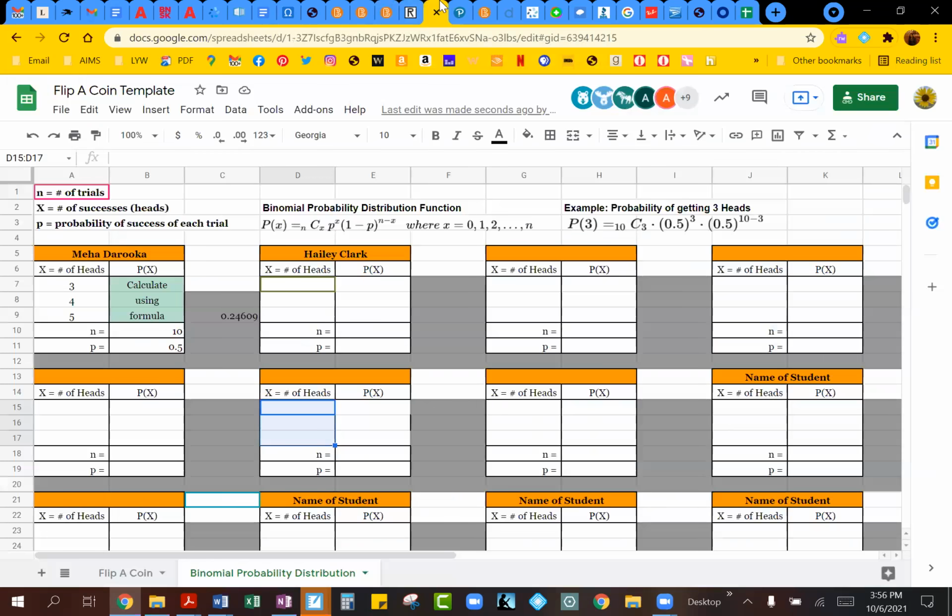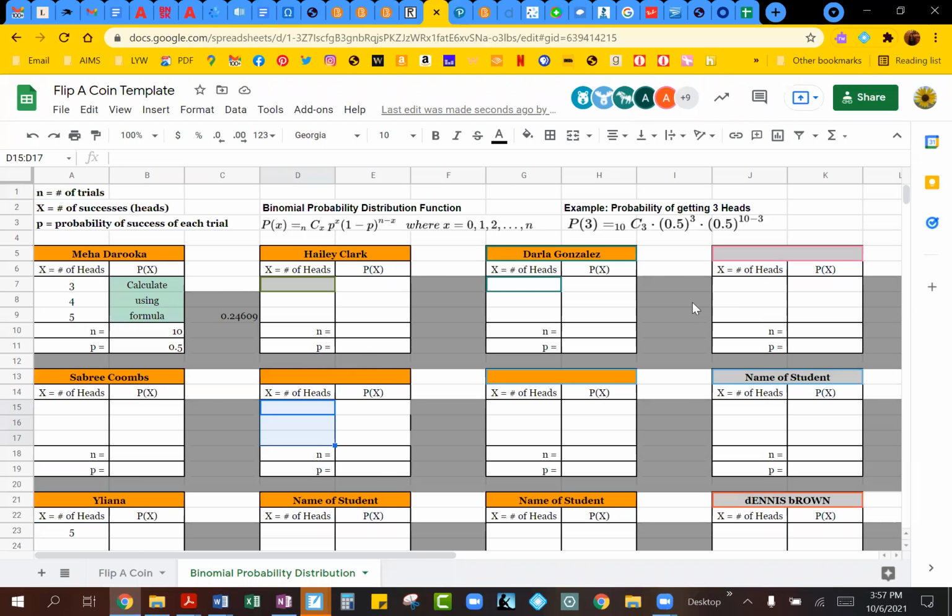So in this handout right now, all you need to do is, again, just pick one of those squares, put your name on it, and then from that first trial that you did, how many heads do you have? Bring that number over. So you can see for my experiments, I had 3, 4, and 5. Since you guys only have one experiment done, just bring that one number of heads that you have so far.